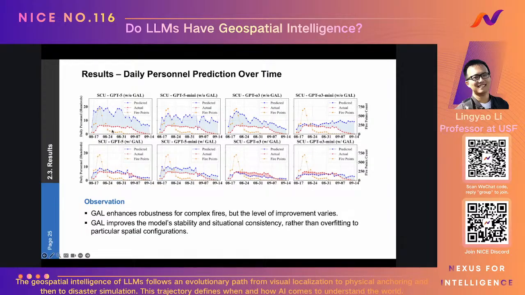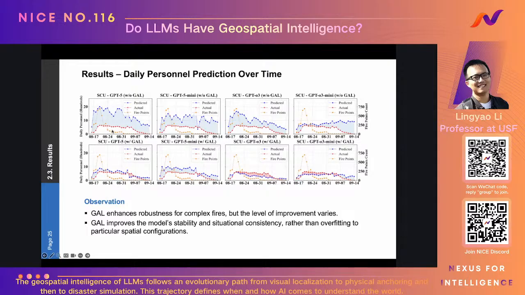For example, for the first project, we have observed that the large language model shows a lot of bias in image geolocalization, right? Especially for those less populated areas, the performance decreased a lot compared to populated areas.